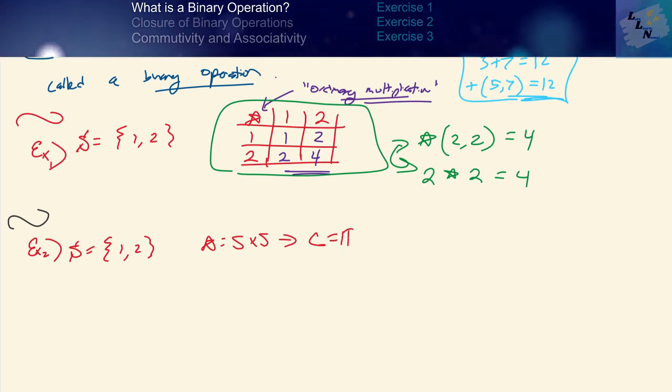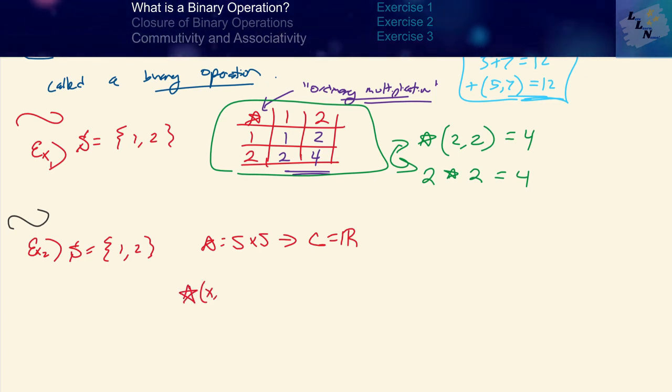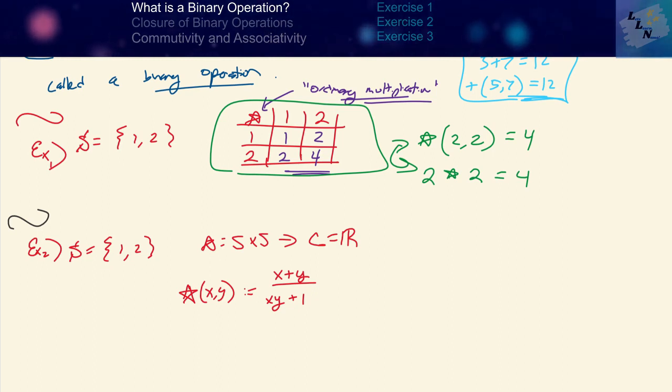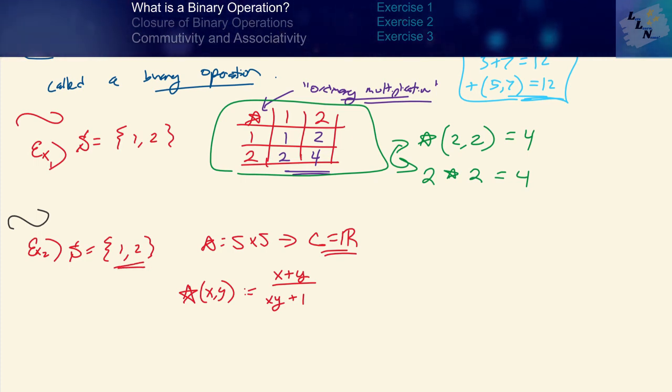So let's just choose that codomain to be R, such that star of x and y is going to be defined to be equal to x plus y all over x plus y plus 1, right? So we're changing these two. So we're doing addition and multiplication and division with real numbers, so I can comfortably choose my codomain to be R, right? And of course, it's going to be a subset of R, a finite subset of R, because I have a finite number of inputs, right?